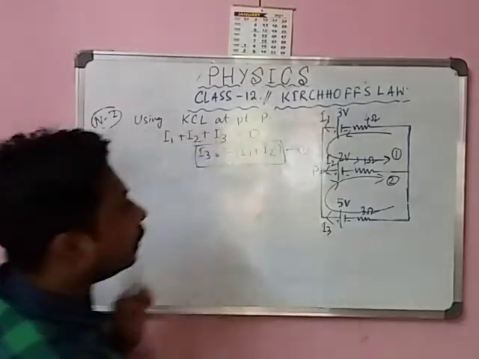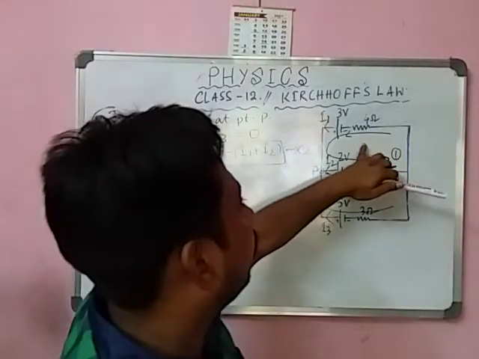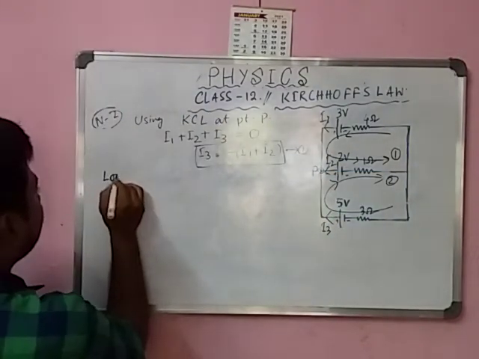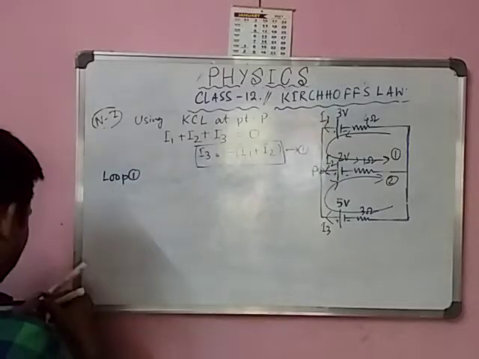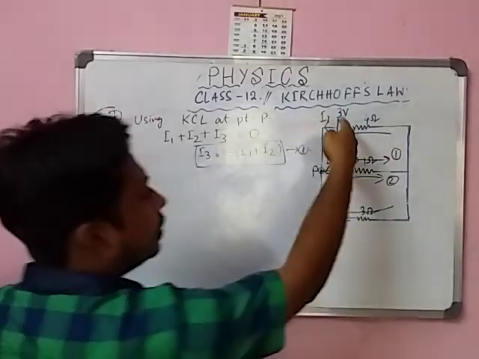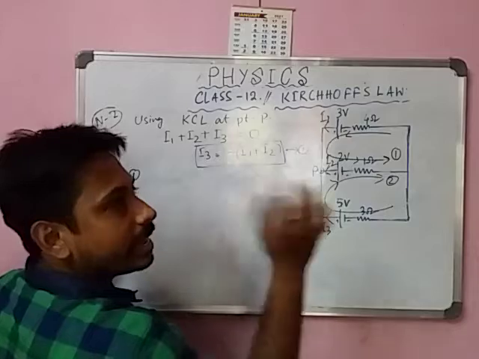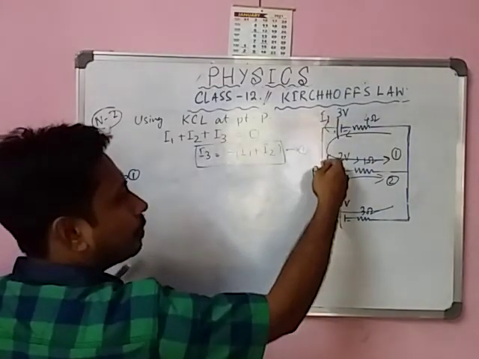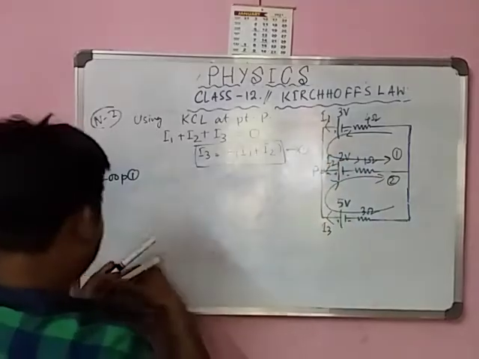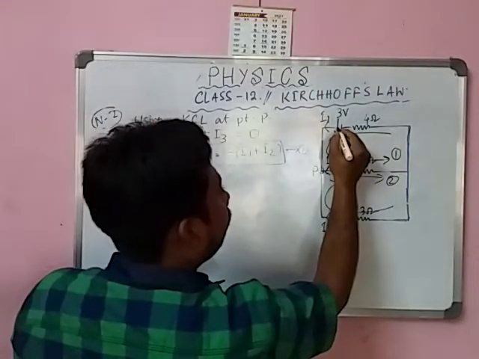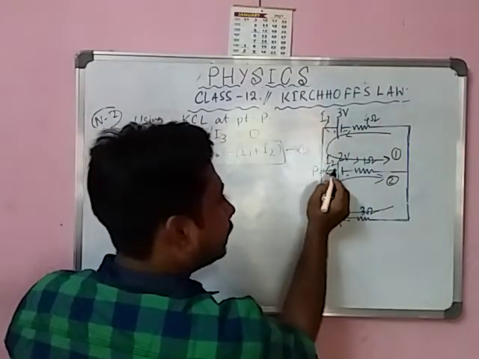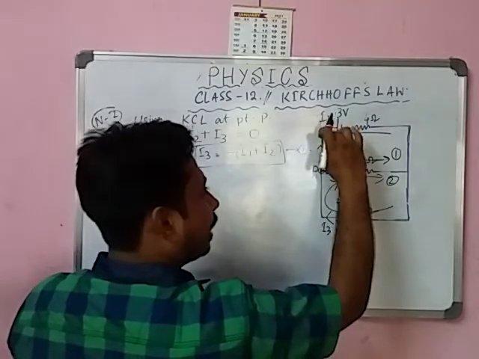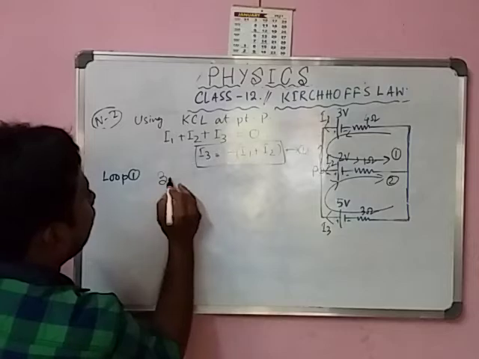Now think about loop 1. See, in loop 1, how many EMFs are there? 3 and 2. So 3 is in this direction and 2 is against it, so it contradicts. It means you can write 3 minus 2.